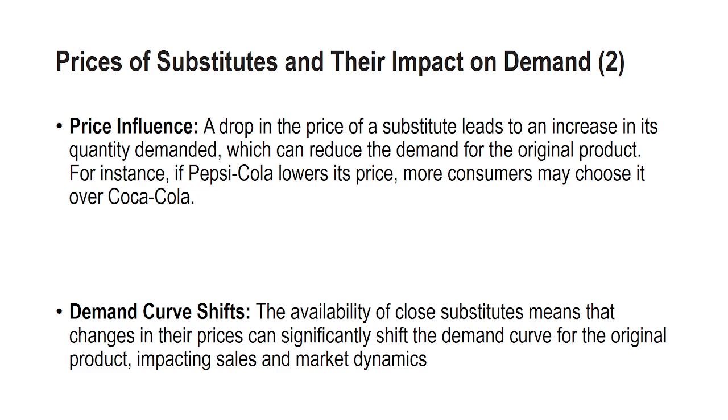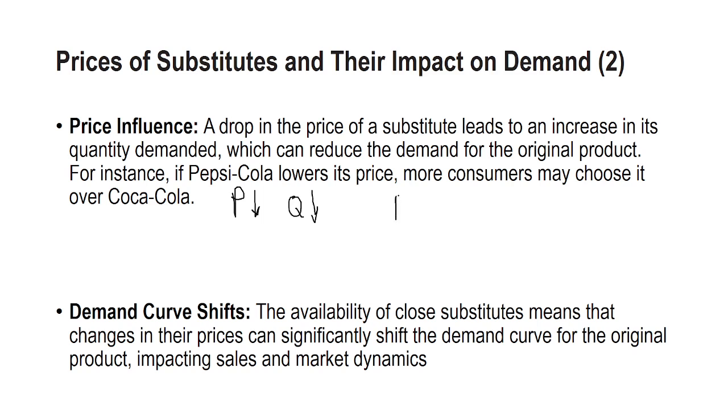For example, if the price of Pepsi-Cola is decreased, the quantity demanded for Pepsi-Cola is increased. So the quantity demanded for the original product, in this case Coca-Cola, is decreased as well. So if the price of substitutes decreases, the quantity demanded for the original product decreases.